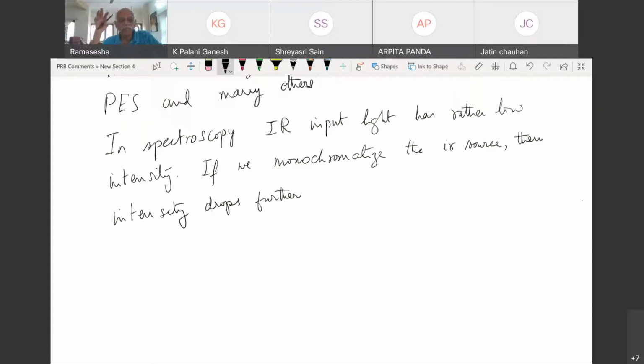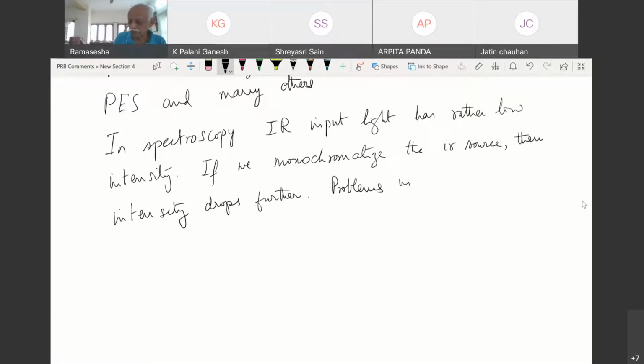This is the total intensity, but if you monochromatize it, then the intensity at different wavelengths or frequencies is going to be much smaller. And if the intensities are small, then it's difficult to measure the peak signal.